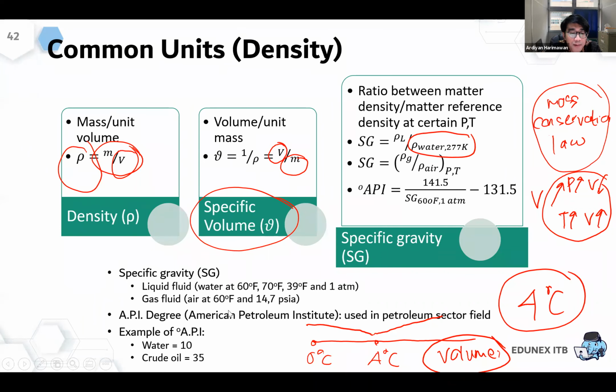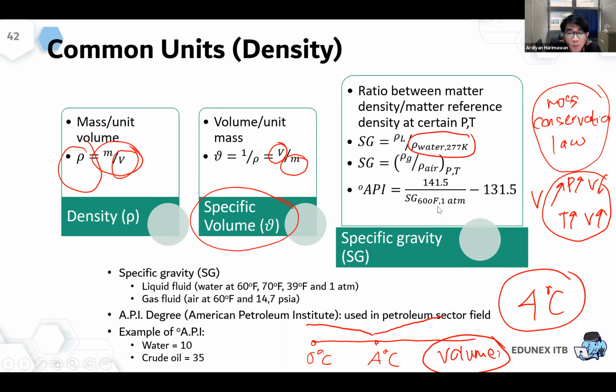It stands for American Petroleum Institute. How to convert? You need to calculate the specific gravity of the substance at 60 Fahrenheit and 1 atm. Of course, you need to state the temperature and pressure. So the temperature is 60 Fahrenheit, the pressure is 1 atm.